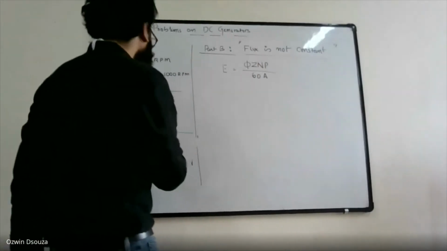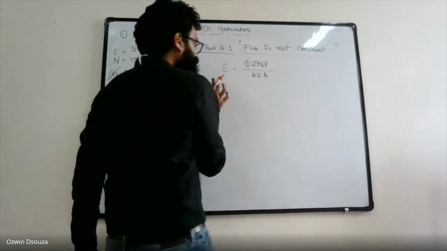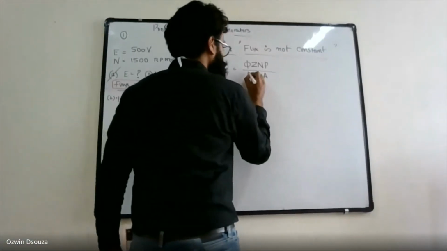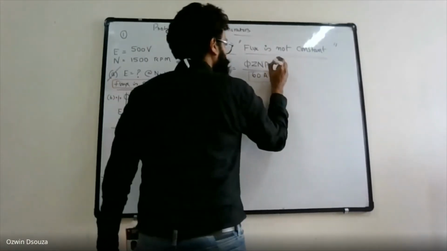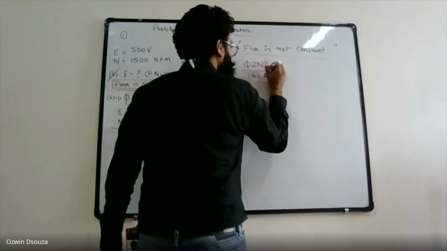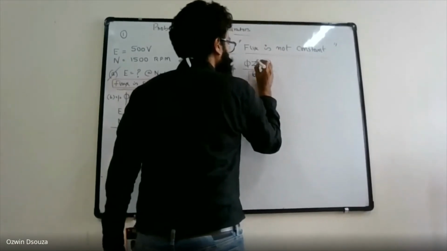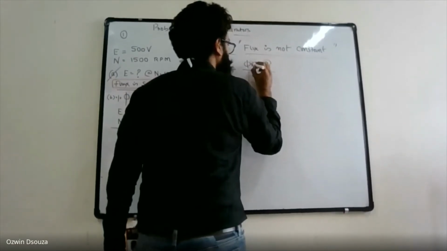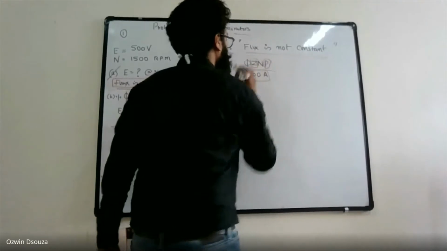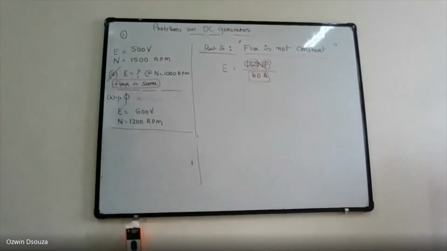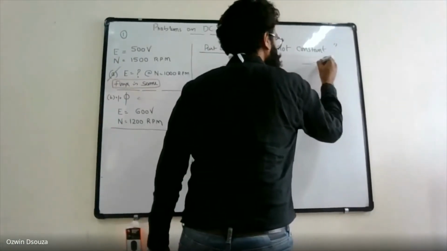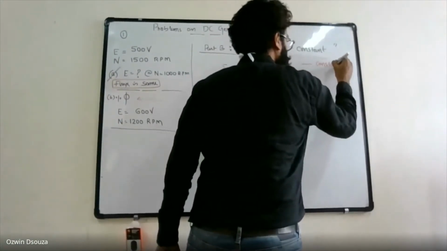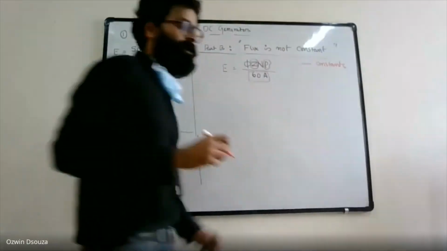Because phi is variable. So, in case B, the constants are 60A and P, Z. Only these terms are constants. So, red color indicates that they are circuit constants.